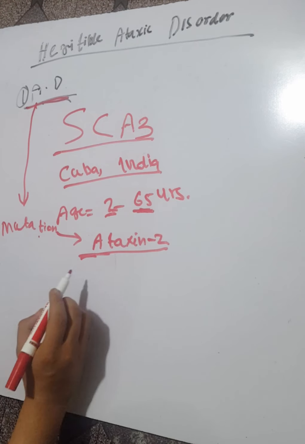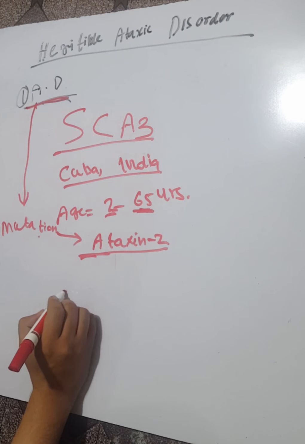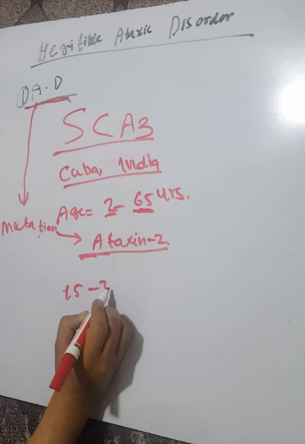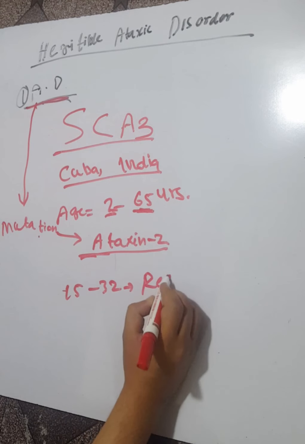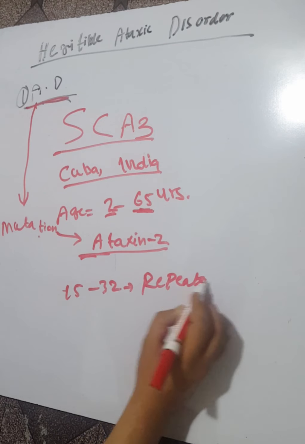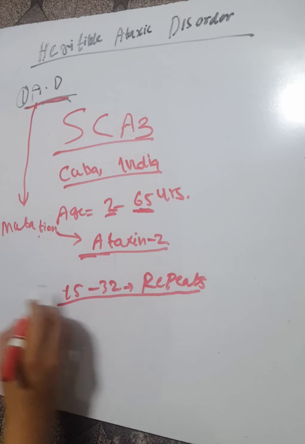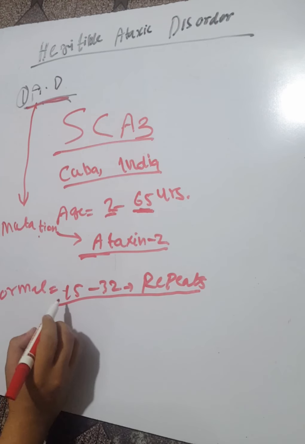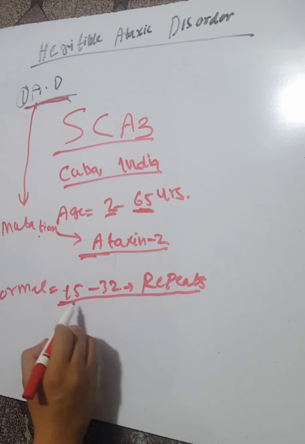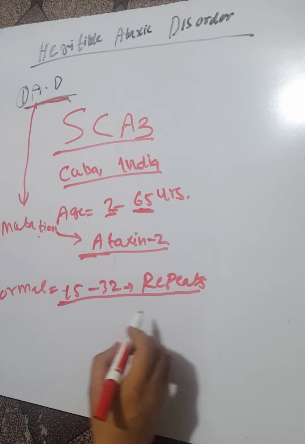The normal ataxin 2 has 15 to 32 repeats of CAG.